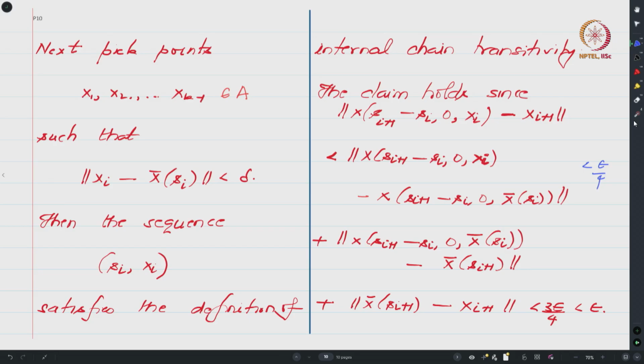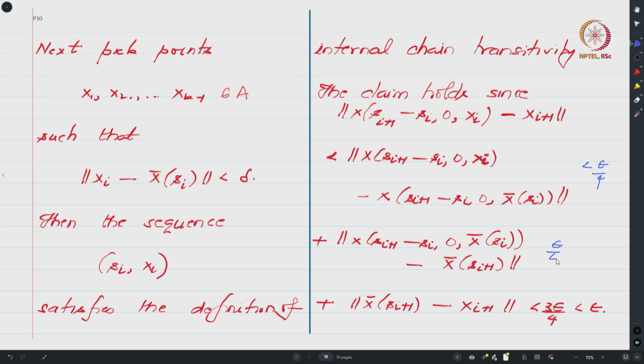Now this expression over here compares the solution trajectory of your limiting ODE and the linearly interpolated trajectory, both of which start at the same point, that is x bar si. So this distance should again be less than epsilon over 4, from the technical lemma, and this distance should be less than epsilon over 4 because we have chosen our xi plus 1 to be delta away from x bar of si plus 1. Hence each of these terms should be less than epsilon over 4.